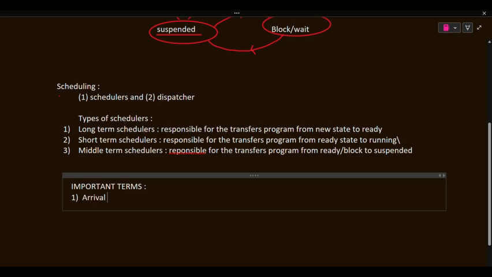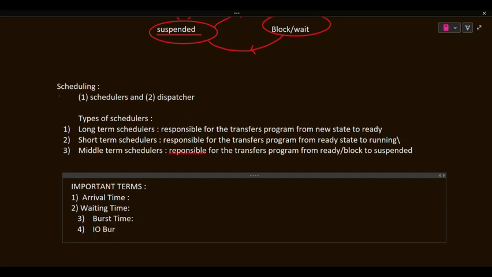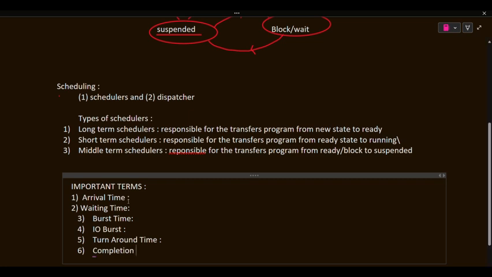The first one is the arrival time, and the next one is waiting time. We also have burst time, I/O burst time, the next one is turnaround time, and the next one is completion time.